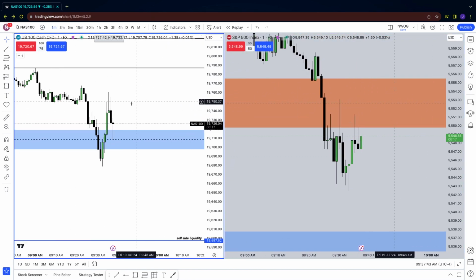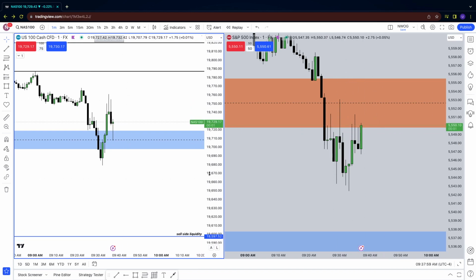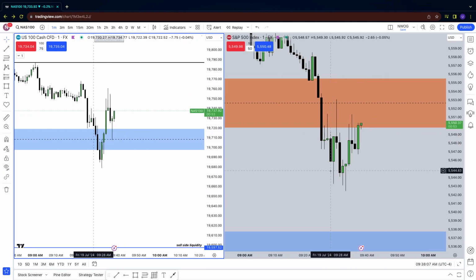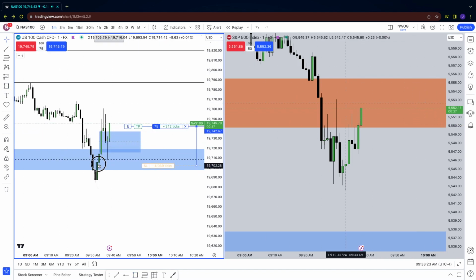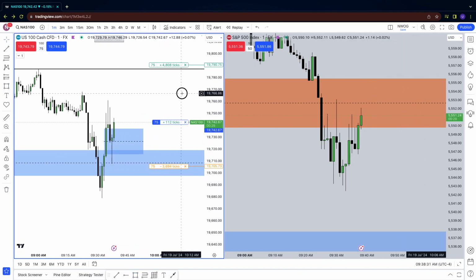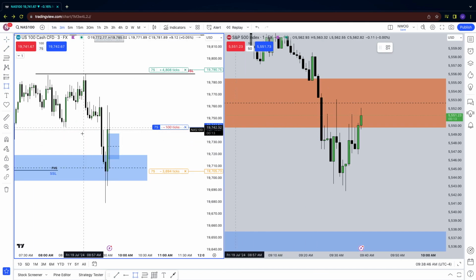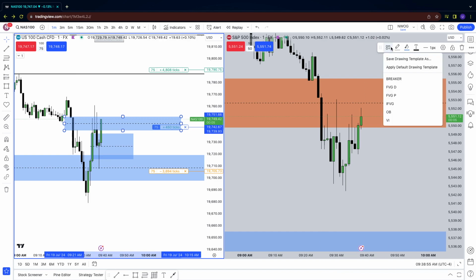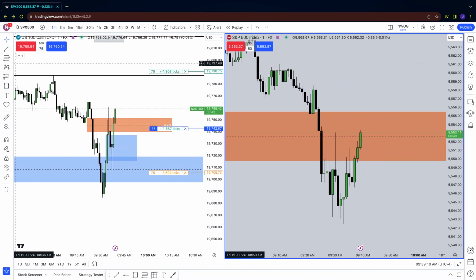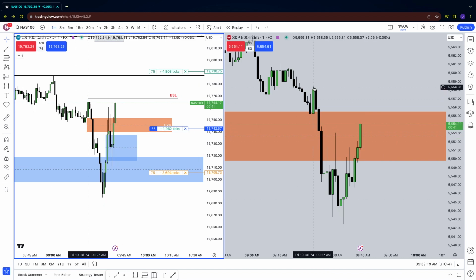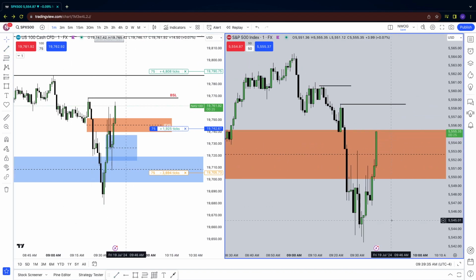Once it rejected it quite nicely, then from there, I executed the trade around here. So that was a nice rejection. Stop below the low. From there, I was targeting buy side liquidity. And of course, I wanted to see that inefficiency act as inversion, as support to the upside to take the buy side out. And of course, same with the ES.